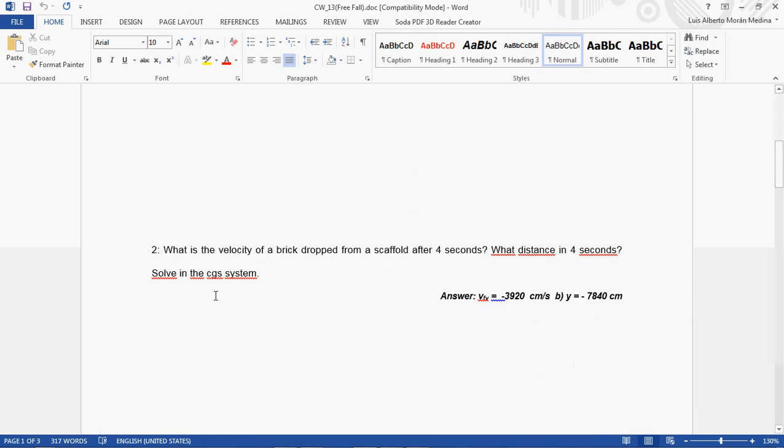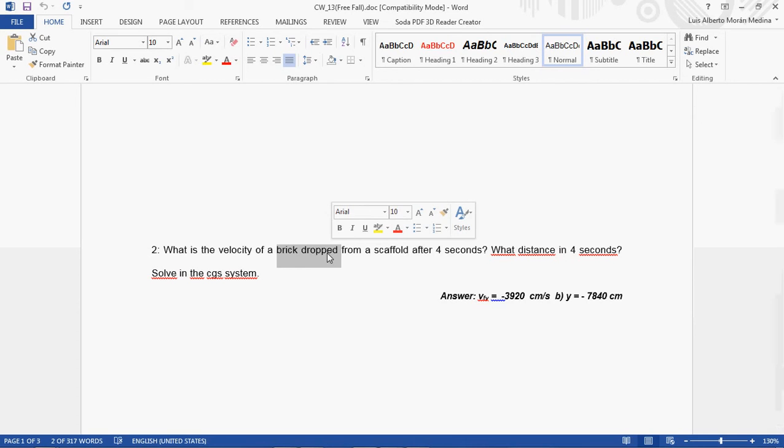In the second problem, the only thing I have to tell you is that the CGS system only works with centimeters and seconds instead of meters and seconds. That's why you have the answers in centimeters per second and centimeters. And remember, when they say dropped, it means that at the beginning you don't have velocity.